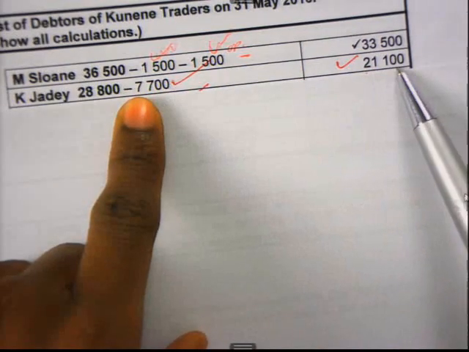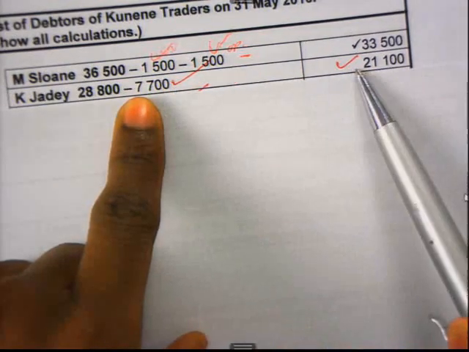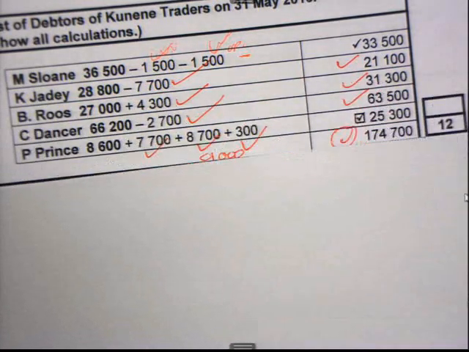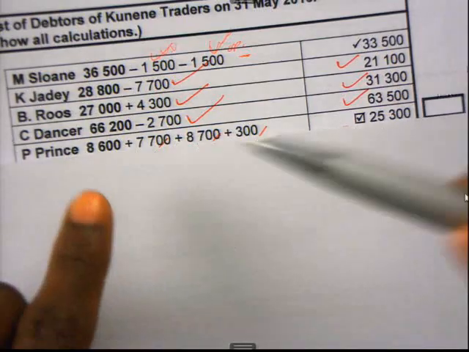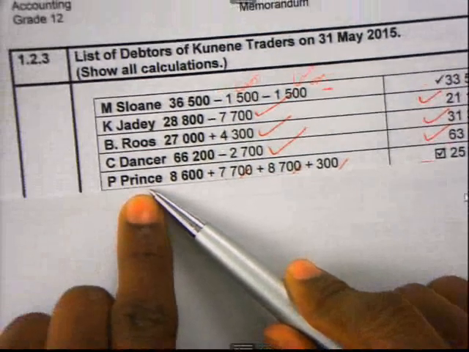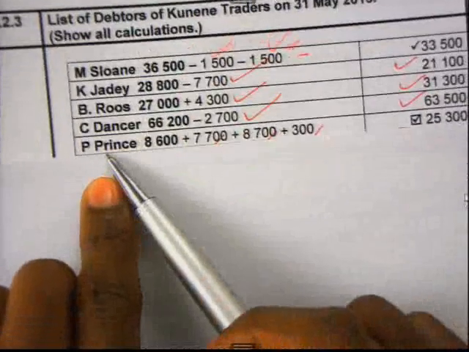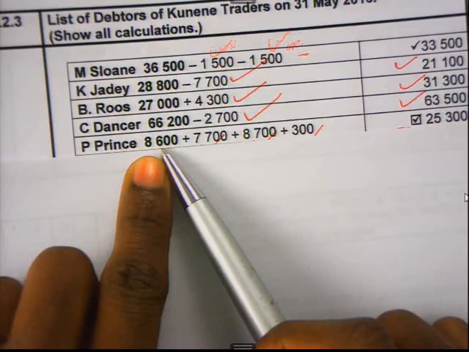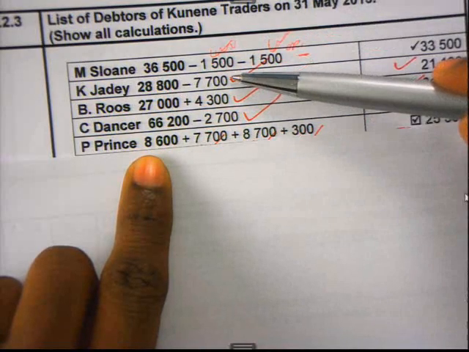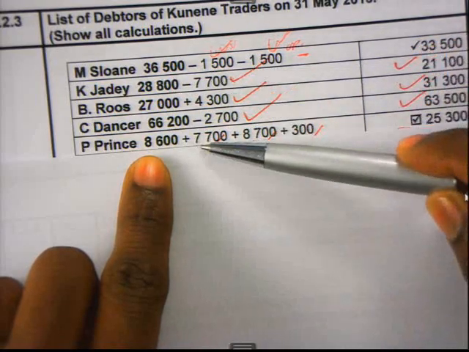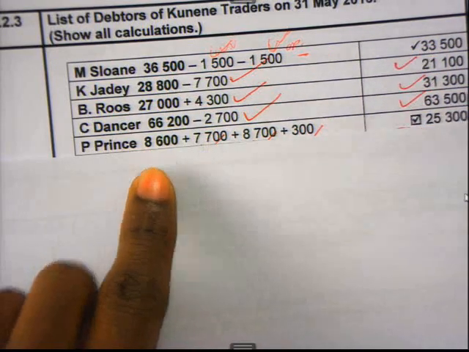It's 21,100. 1 mark for that one there. Then this entry will affect who? It will affect Prince. Where are we? We are in the list. P Prince, he has an opening balance of 8,600. He bought stuff from us on credit, but we took it erroneously to KJD. Now we need to minus that from KJD and add it to Prince.